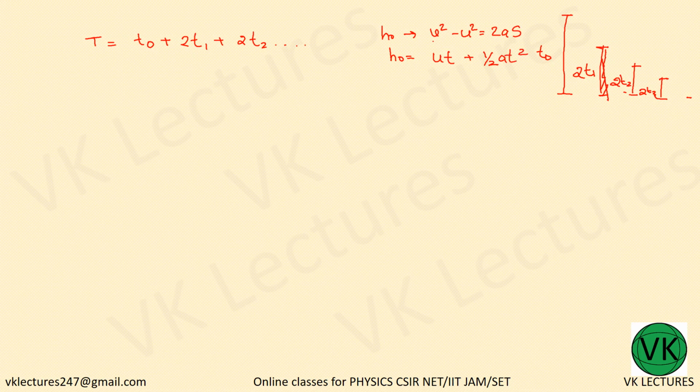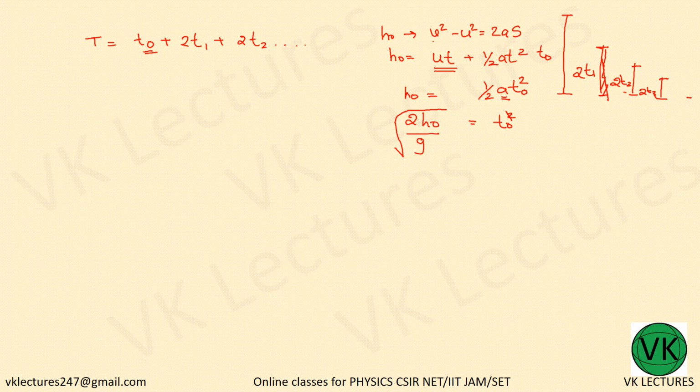Now the initial velocity of the particle is 0, so h naught is equal to half a t square. Our aim is to find t naught, and this a is nothing but our gravity g, so t naught will be the square root of 2 h naught by g.